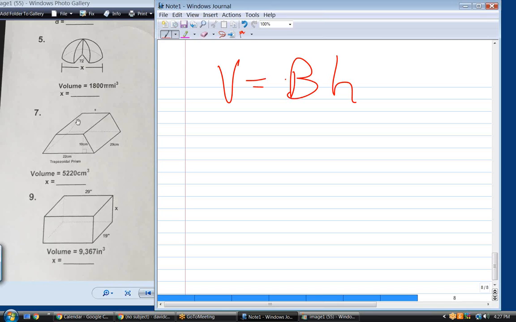So that's not what makes it a prism. It's a prism because this face right here is equal, opposite, and parallel to that back face. Therefore, it's the area of the trapezoidal face.